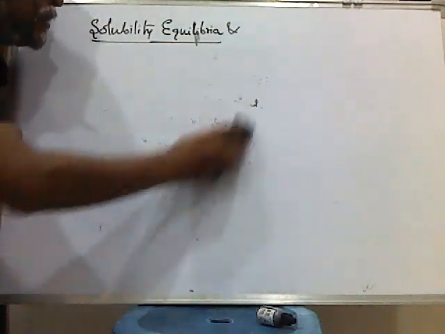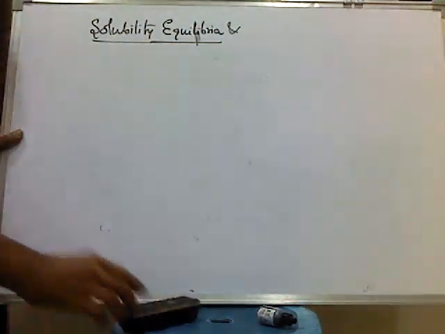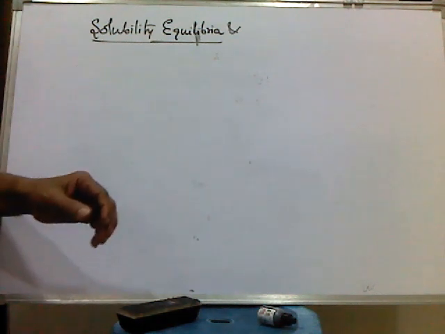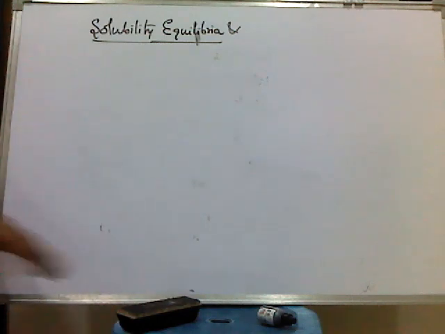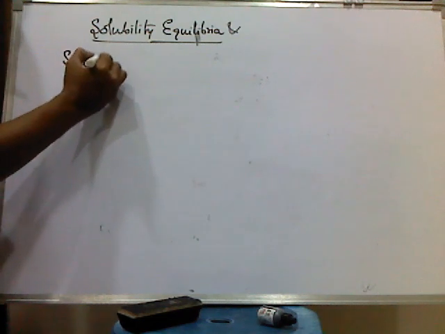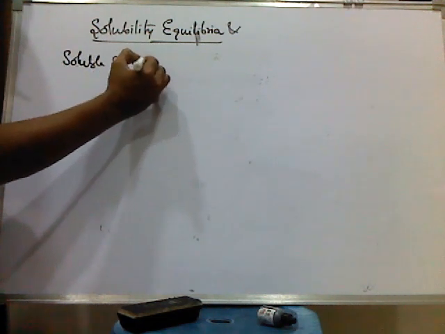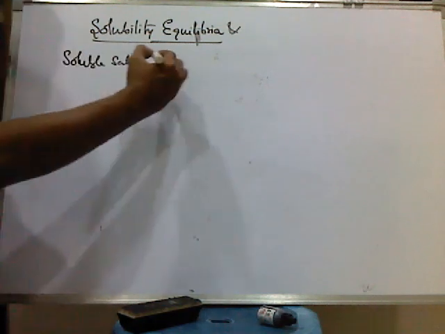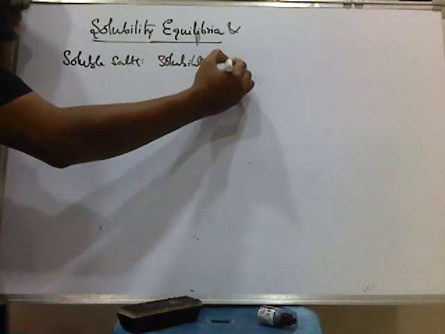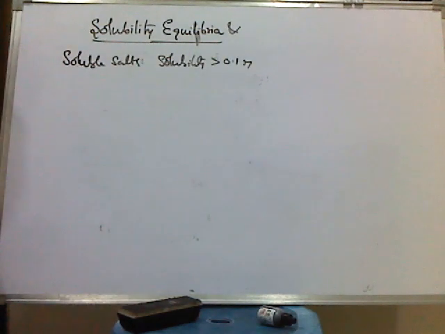Based on the solubility of a substance, salts are classified into three types. One is soluble salts, whose solubility is greater than 0.1 mole.